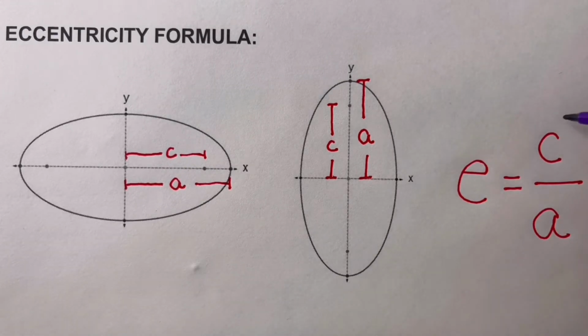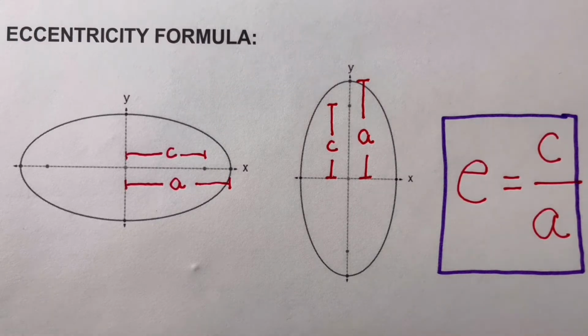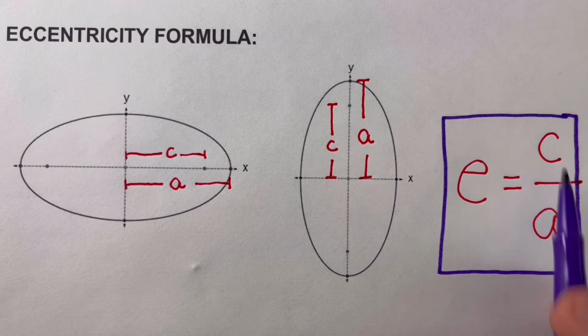So this is the formula for the eccentricity of an ellipse. Eccentricity is equal to c over a.